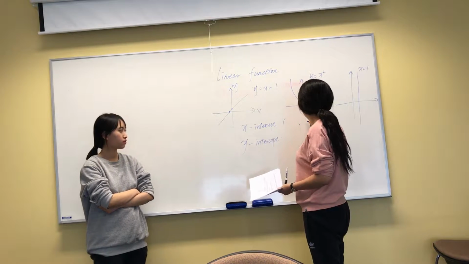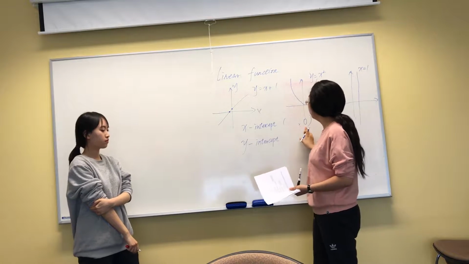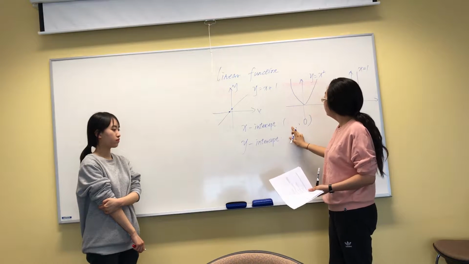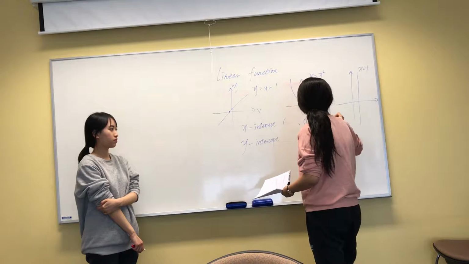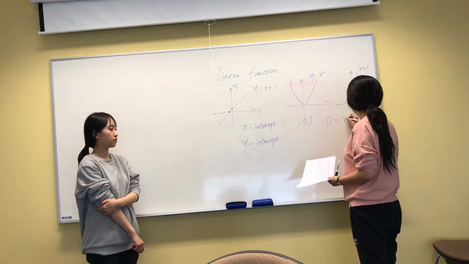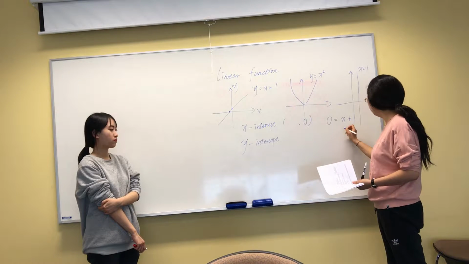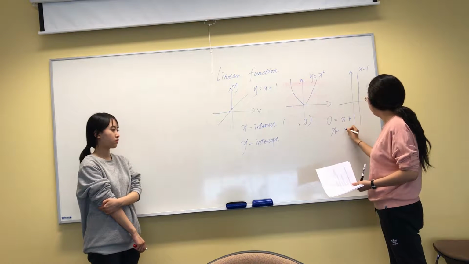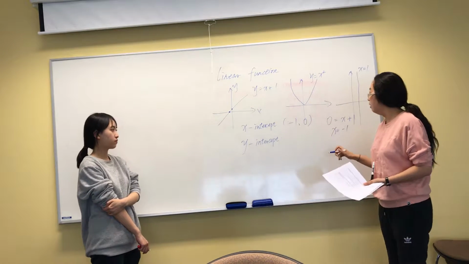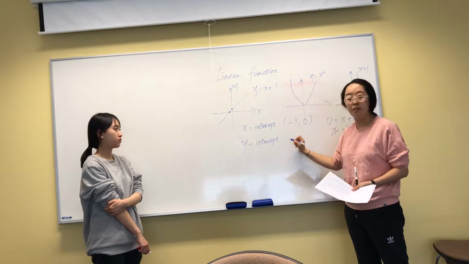So it's 0 here. So how do we know the x-coordinate? When y equals 0, what does x equal? Basically it's 0 equals x plus 1. So x should be minus 1, right? So minus 1, 0 is the x-intercept.